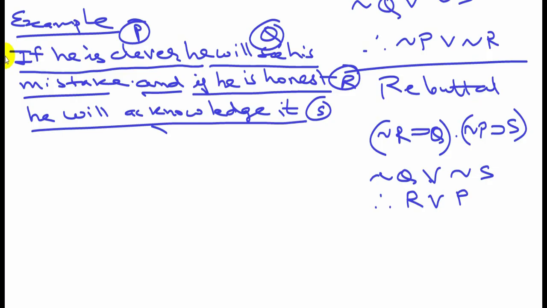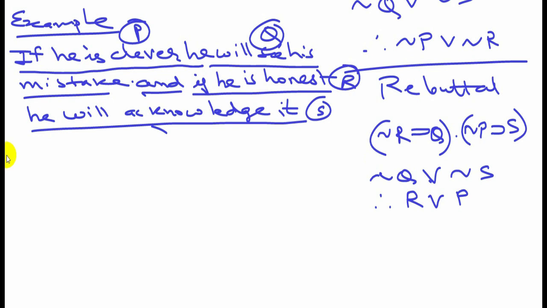So how will we write it? Not R. So if he is honest, so if he is not, either he is not honest, no. So we don't start with either.